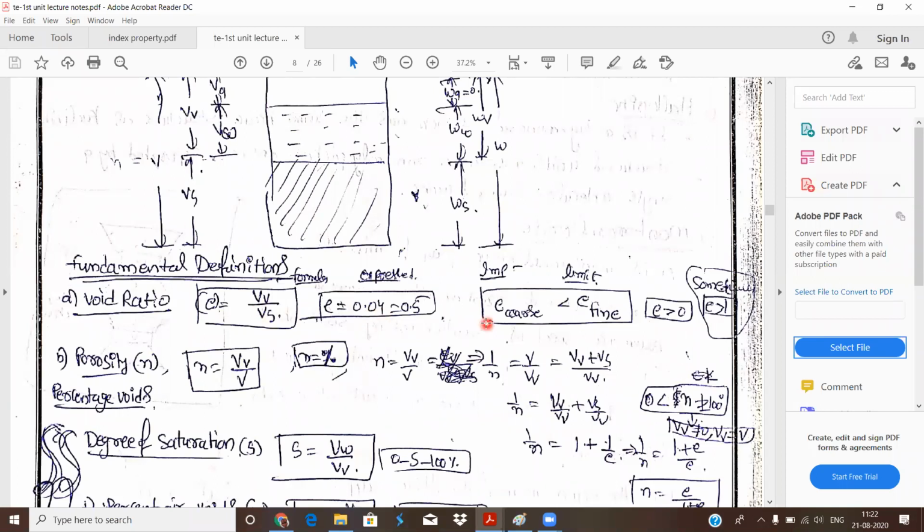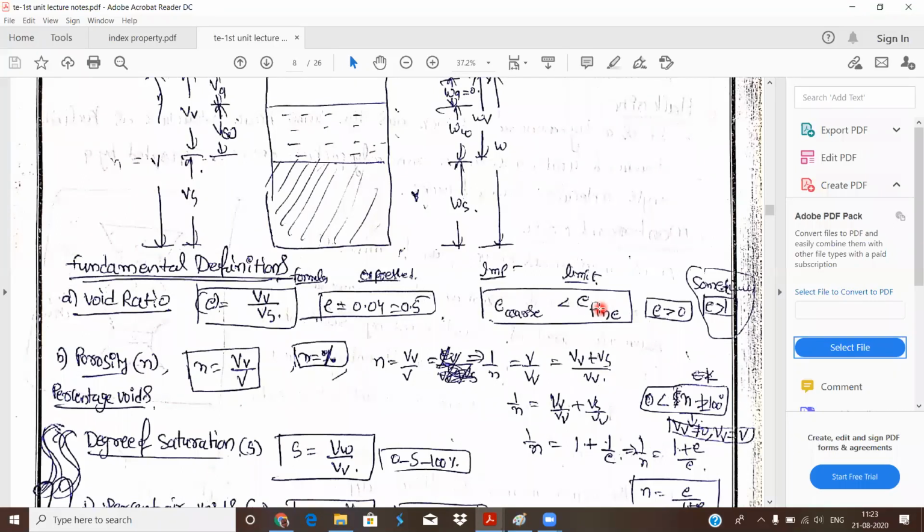So the void ratio may be very high or low. It may range from 0.35 to 0.4, in any manner. Generally the void ratio is more for fine aggregates compared to coarse aggregates, because fine aggregates means small particles, and small particles have more voids.